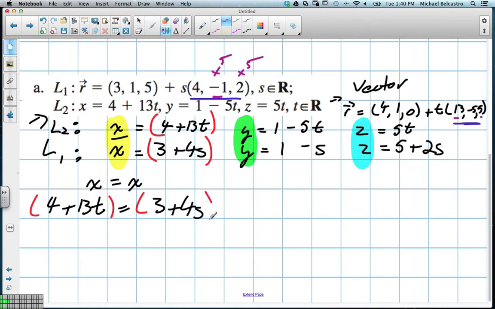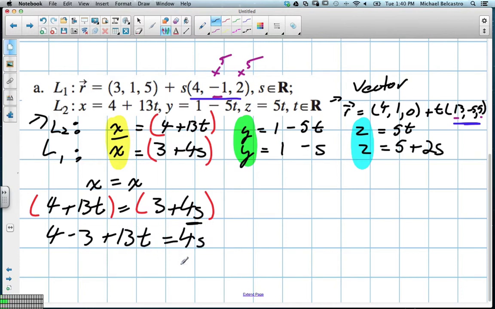Okay? And we'll isolate for one of the variables and then plug that back into the other one to solve. So in this one, I'm going to isolate for s. I move 3 over, we're going to get 4 subtract 3. Oh, and actually I want to keep the 13 on the other side. Sorry. The plus 13t is equal to 4s.